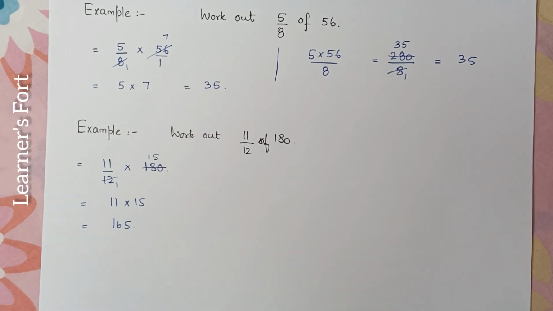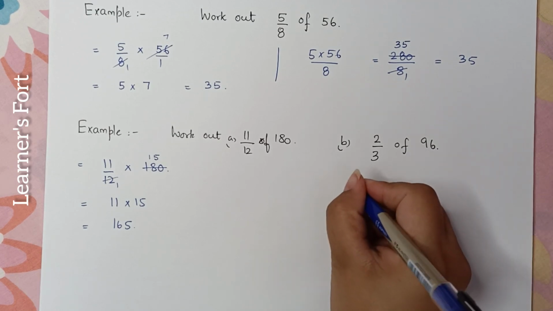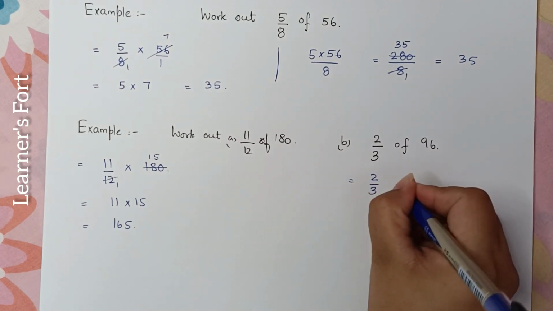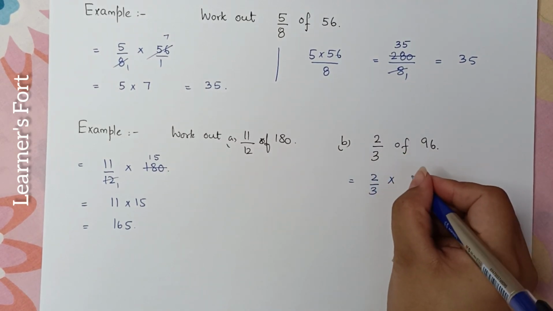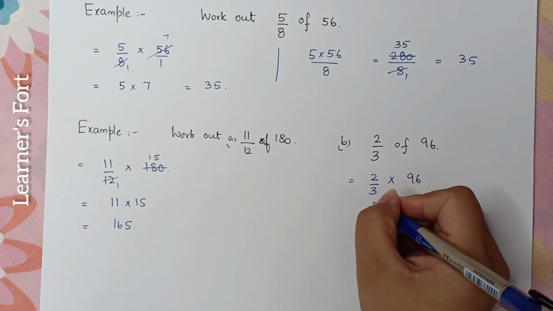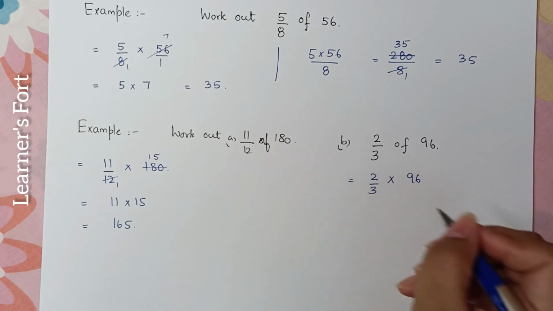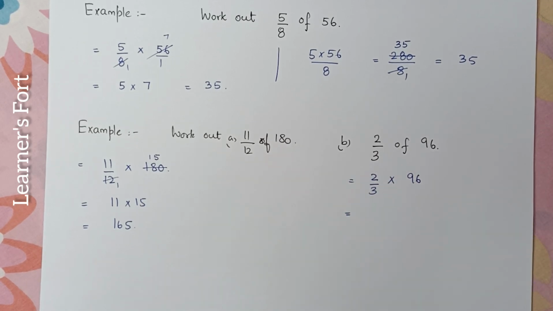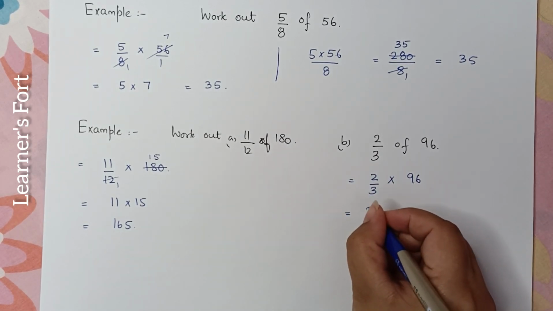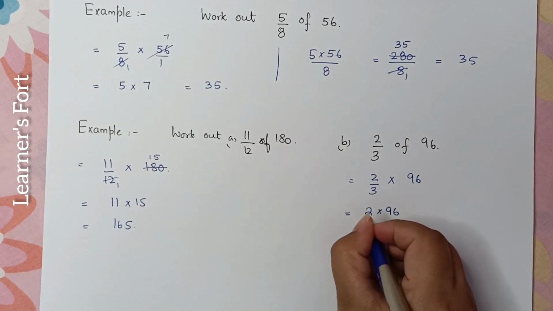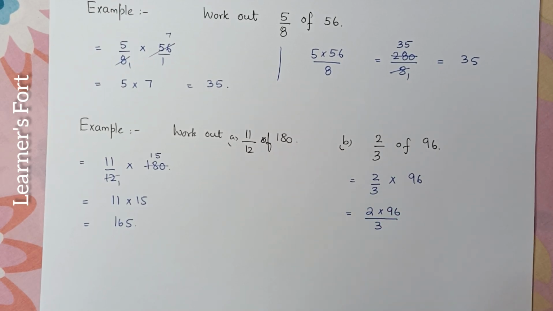Okay. Let's take another example. Now 2/3 of 96 basically means 2 upon 3, where of means multiplying, into 96. Whenever we have to find the part of a given quantity, we have to multiply it. It can also be written as 2 into 96 upon 3 for a simpler method.